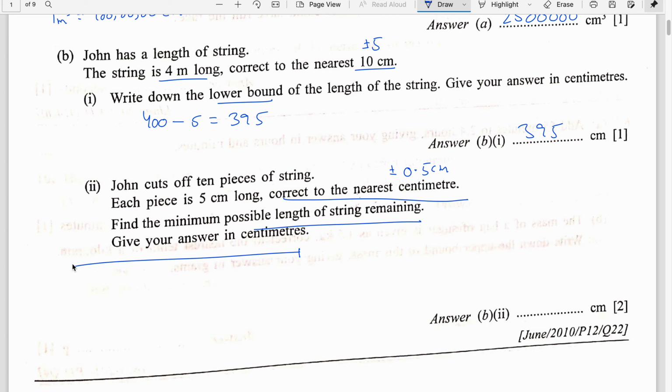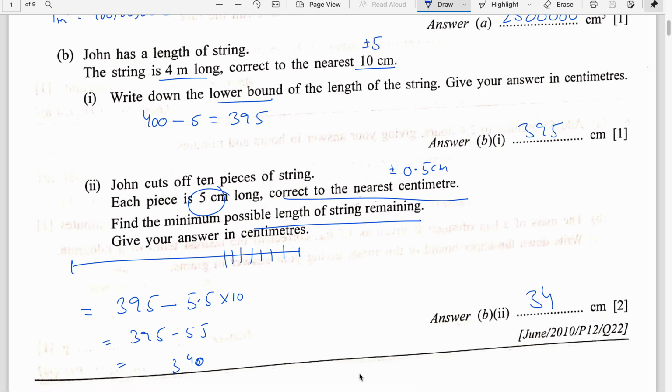So the string was 395 minus 5.5 times 10, upper bound of this. So minimum remaining is 395 minus 55, which is 340 millimeters, and in centimeters it is 34 centimeters.